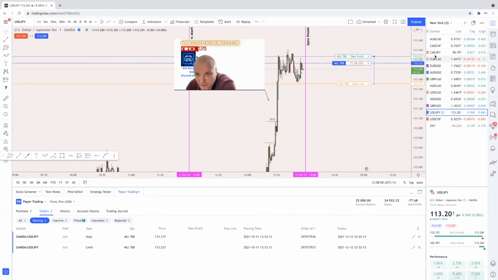And just keep your eye on this here. Obviously, this price will change as it fluctuates, same as it does on here as well.